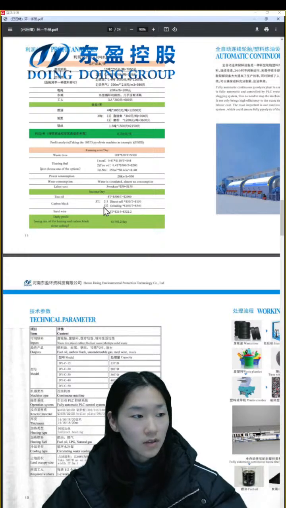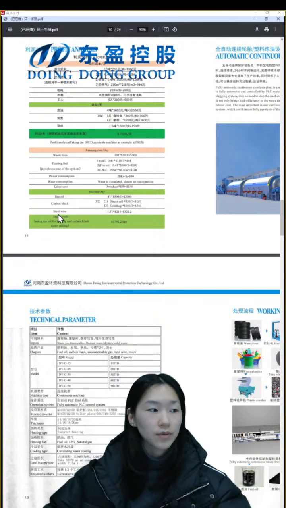For carbon black, we can grind it into more fine powder, so the price of it will be high, and we can sell it, and we also sell the carbon black directly. So you can choose any one you want.